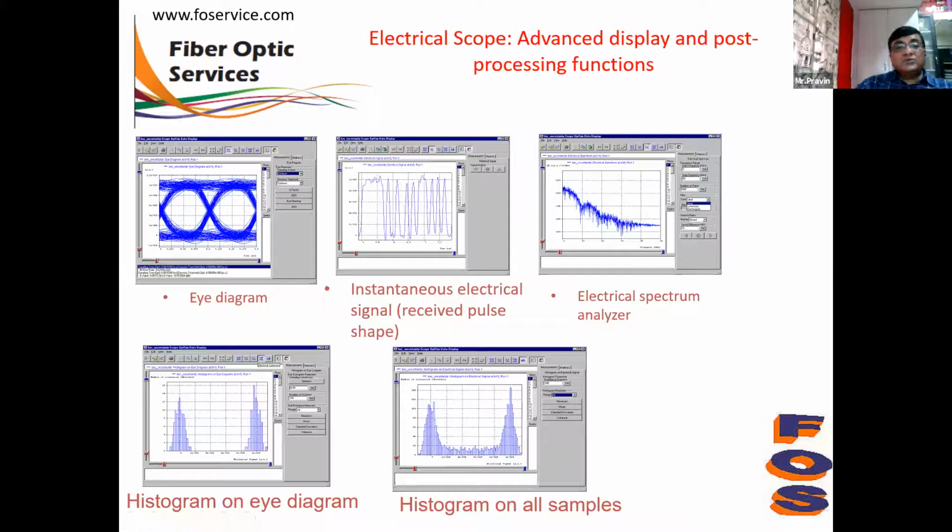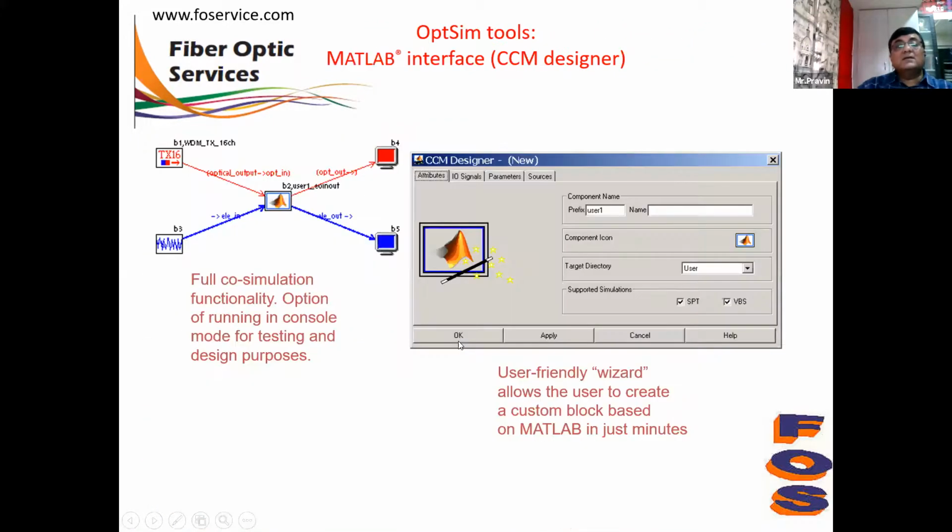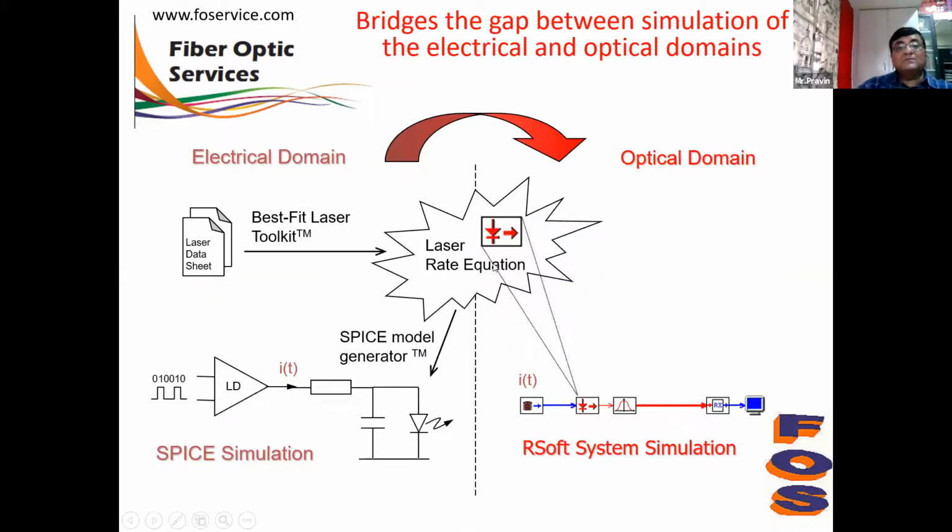Then in the post processing, you can find out all the electrical characteristics, optical characteristics, and there is a MATLAB interface. So you can define your model in MATLAB and simulate. In case you have a laser and you don't have the complete parameters, you can find them out using the best fit laser toolkit.